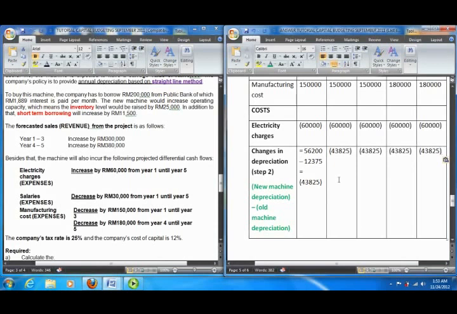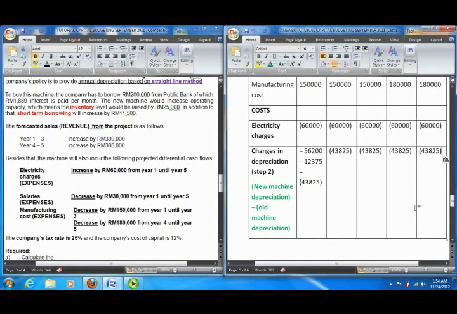But for year 3 to year 5, your new machine depreciation will minus 0, because your old machine has only 2 years left, while your new machine is 5 years. So after the following 3 years, no depreciation, so you consider it as 0 for your old machine. But in this question, your old machine has another 5 years and your new machine has another 5 years. So you can use the same calculation from year 1 to year 5.